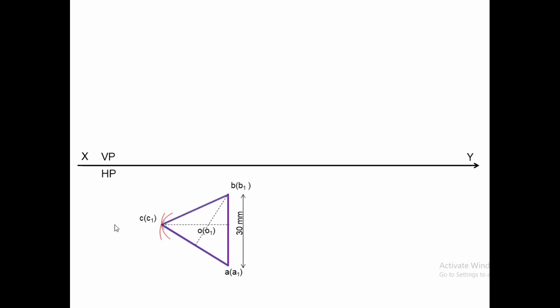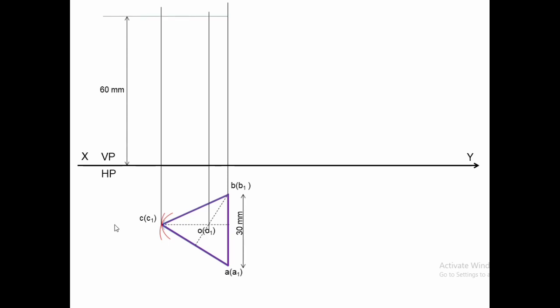Get the front view of the triangular prism by drawing the projectors to the front view, to the top, that is above the XY line. Mark the height of the axis, 60 mm. Join all the points with a thick line. You will be observing it from the front side.